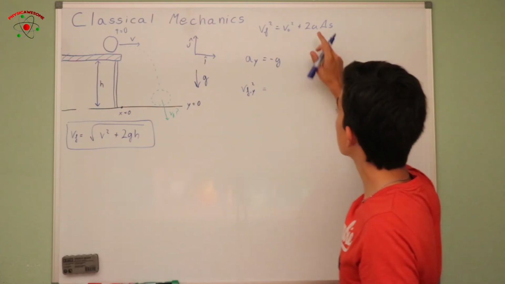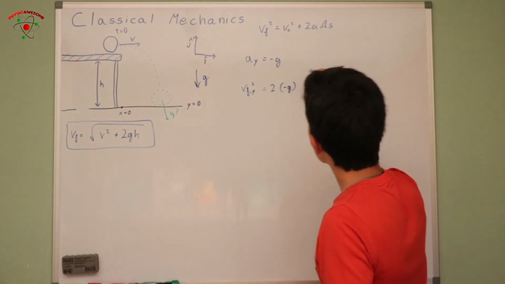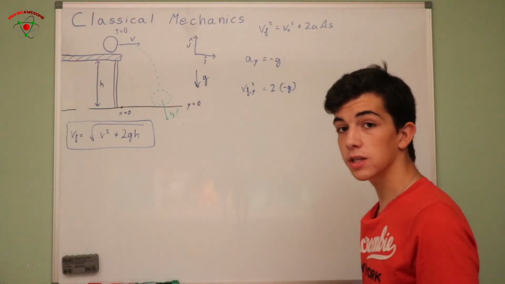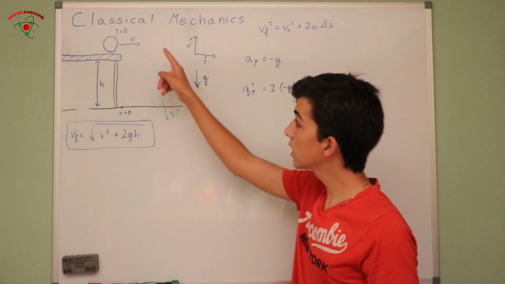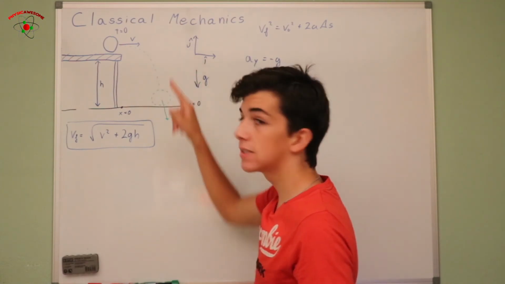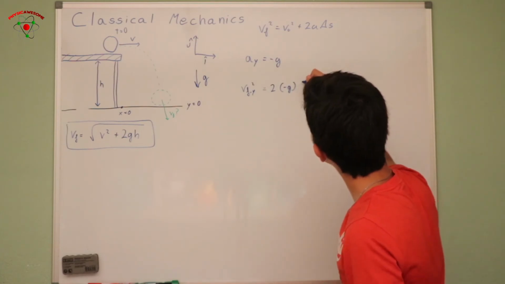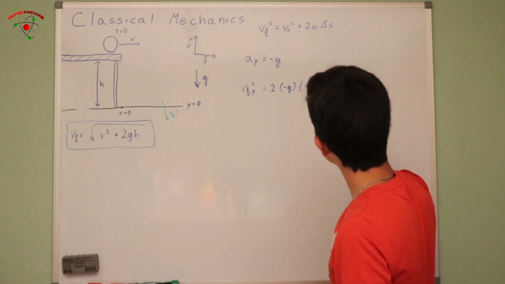So we know that the acceleration is minus g, and we know that our displacement, we look over here, is really minus h, because we're going down h units. Therefore, we multiply this by minus.